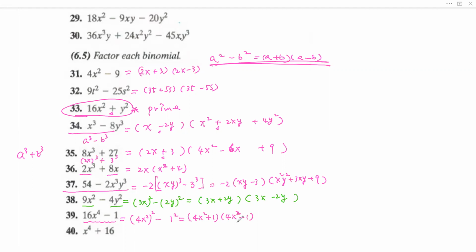So this, we didn't complete the factor process. So this part can still be rewritten as 2x squared, right? So it means 2x plus 1, 2x minus 1, right? So that's three factors together.